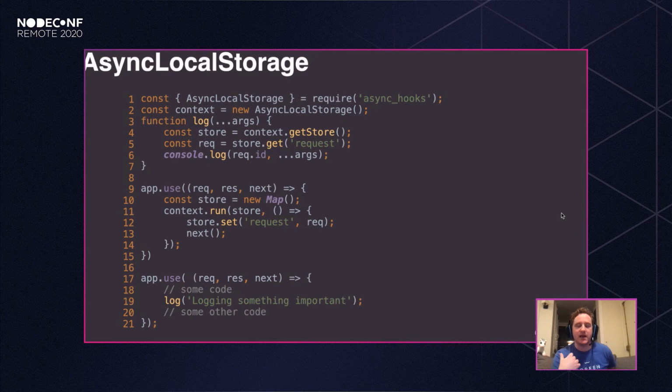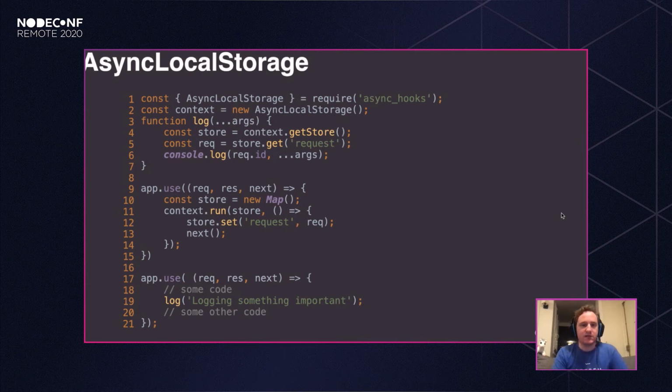So this might actually return undefined if you're not within a context. So my code is terrible at error handling here, which is a bit ironic, but I wouldn't have enough room on the slide to do things as I wanted them to do. So please don't blame me too much on Twitter. On line 5, we get the request from the store. In Node, the store is just an instance of Map. And then we can log the id and the rest of the parameters.